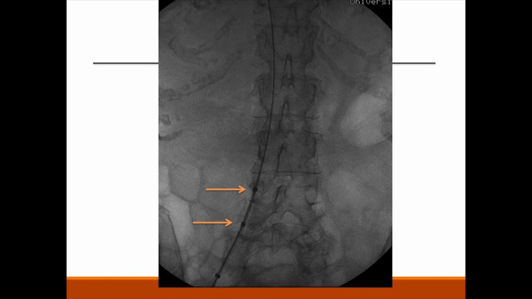This image shows the catheter being advanced into the IVC. The portion that indicates the length of the filter is highlighted by the two dots at the end.